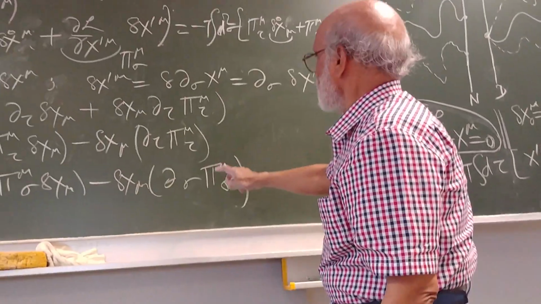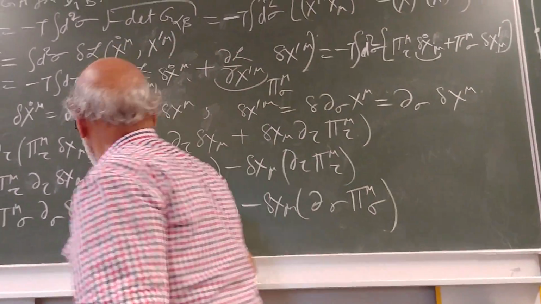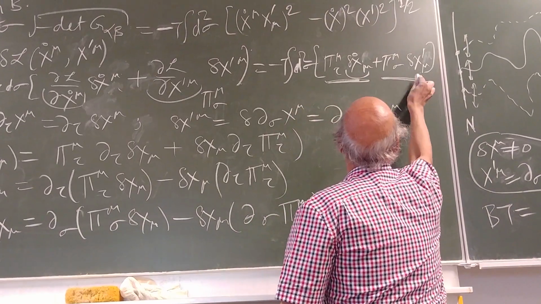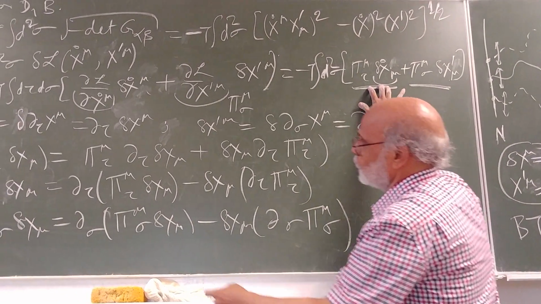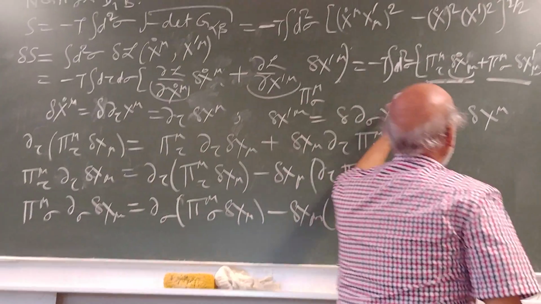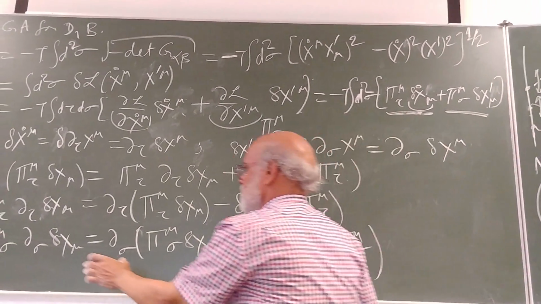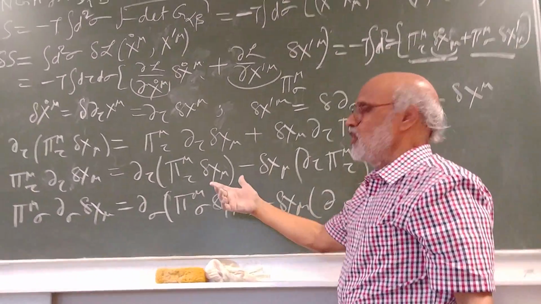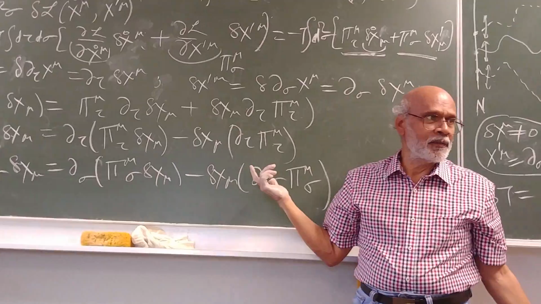And we can then substitute these values for these two terms, so we would have these four terms on the right hand side.